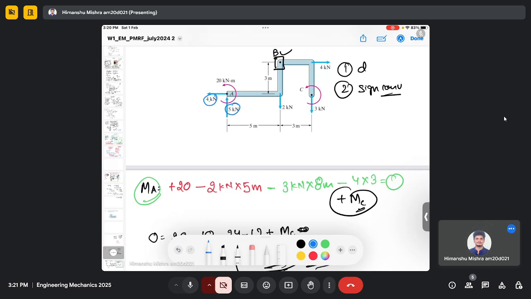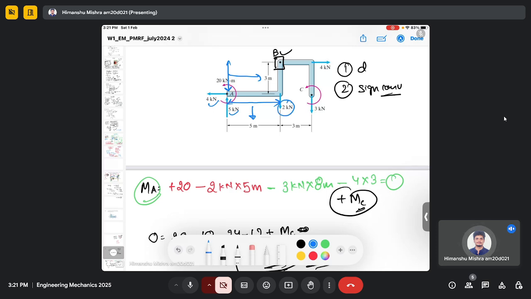But now we can see that this 4 kilonewton force has a perpendicular distance of 3 meter from point B, and the 5 kilonewton force has a perpendicular distance of 5 meter. So both these forces are inducing the movement at point B.